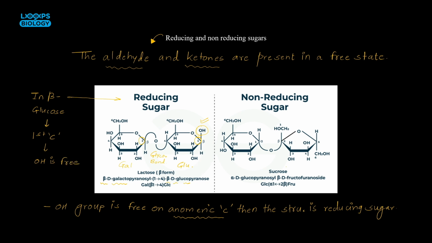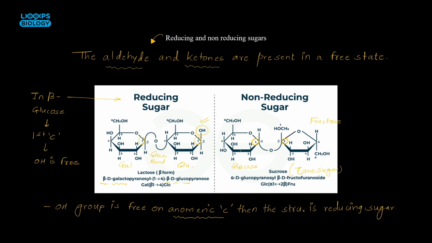But when we are talking about the structure of sucrose, known as table sugar or cane sugar, the sugar present inside sugar cane, I see glucose and fructose as the monomeric components. The first carbon of alpha glucose is bonded with the second carbon of beta fructose.